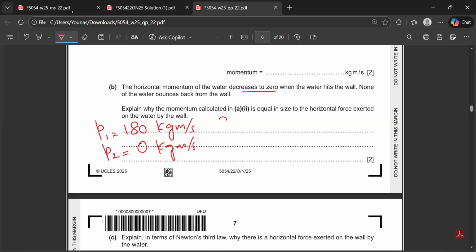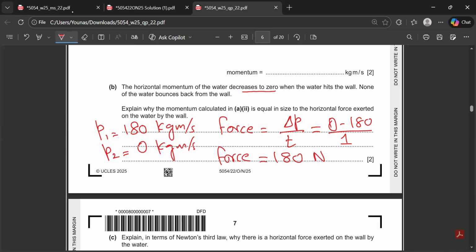You know the force is equal to the change in the momentum divided by time, so the force is equal to the rate of change of the momentum. In this case, the change will be 0 minus 180, the final momentum minus the initial momentum, and the time taken is 1 second. So the force will be equal to 180 newtons.